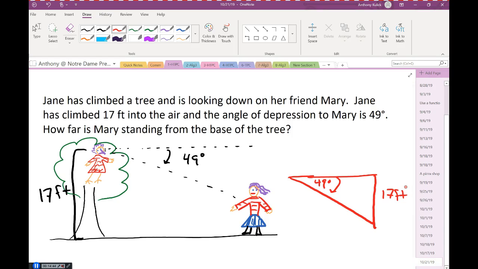And which side are we looking for then of our triangle here? I want that side. I choose L for length. What did it ask for again?